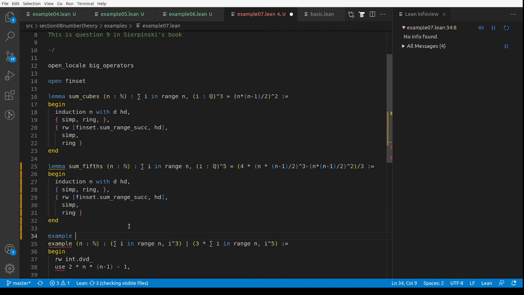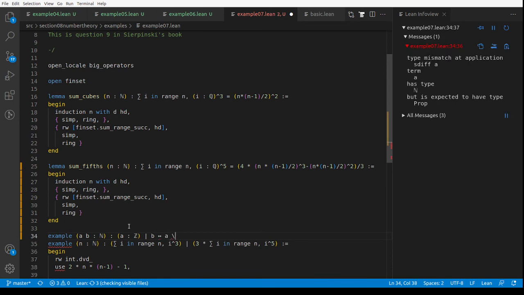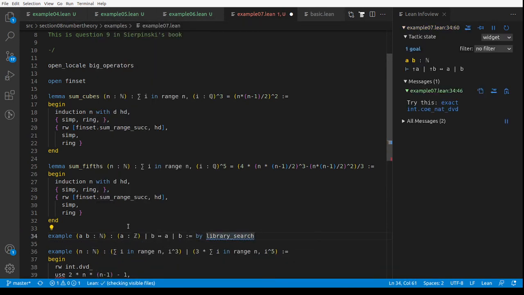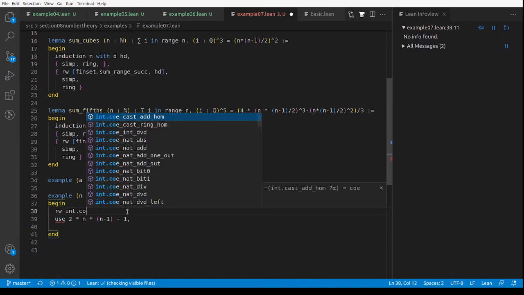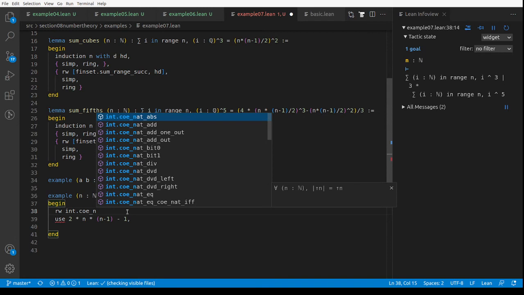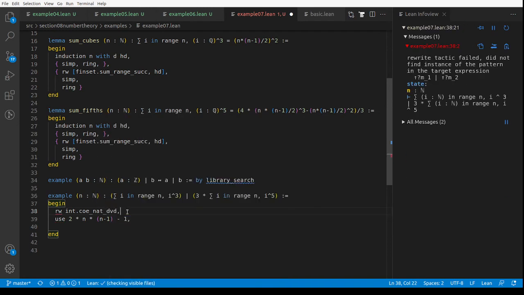So let's do example a and b naturals. I claim that the integer a divides b if and only if a divides b. And that's in there somewhere because we found it earlier. Int coe nat dvd. So int coe nat dvd.